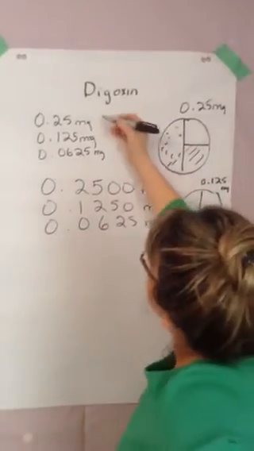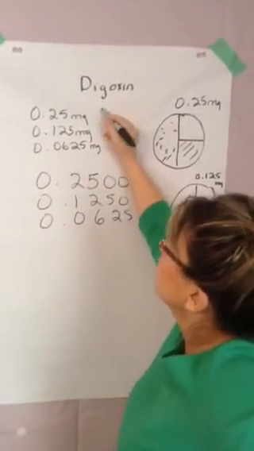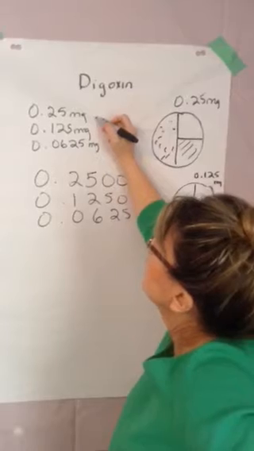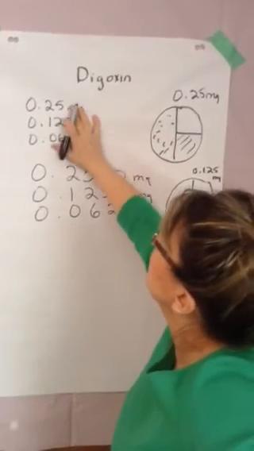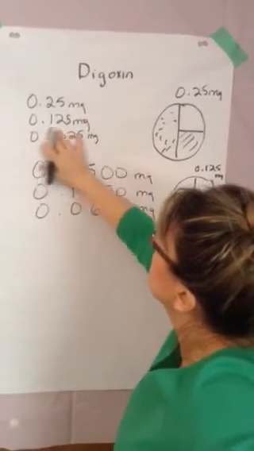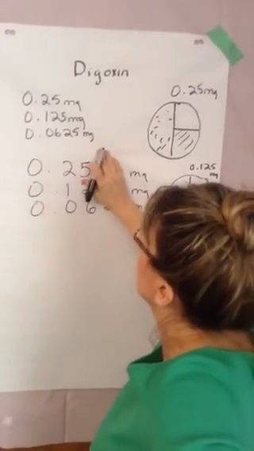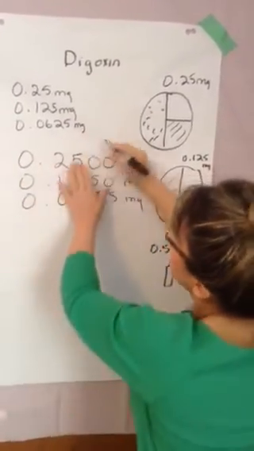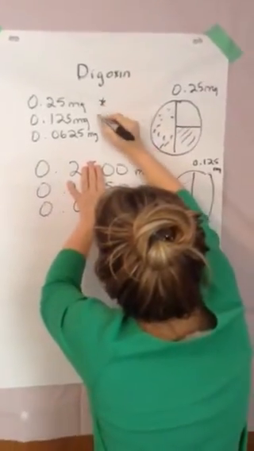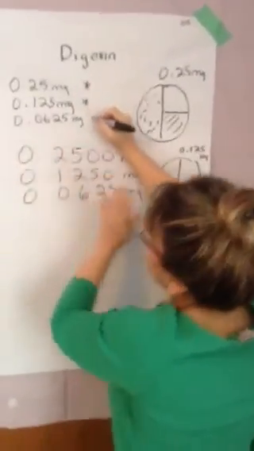So, most orders for digoxin come in oral form, 0.25 milligrams, 0.125, or 0.0625. It just so happens for oral, it's supplied as this per tab.